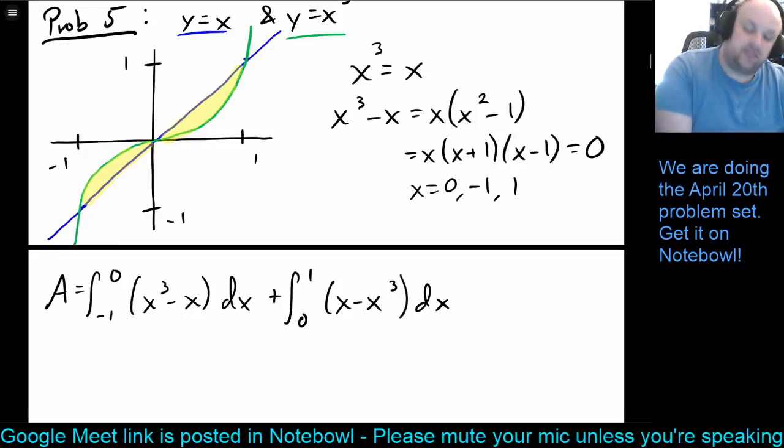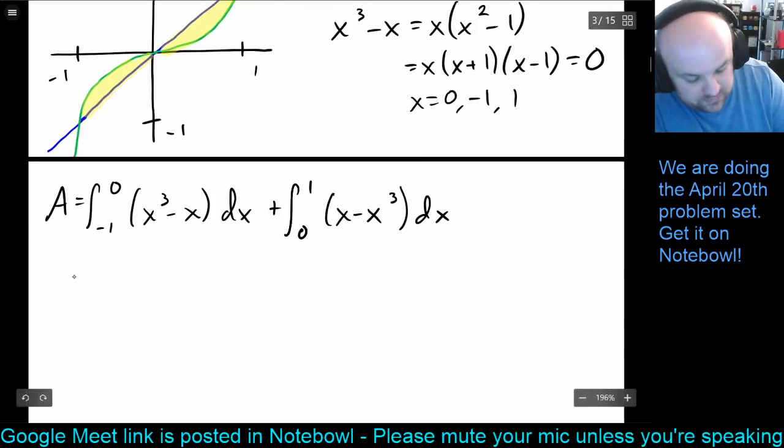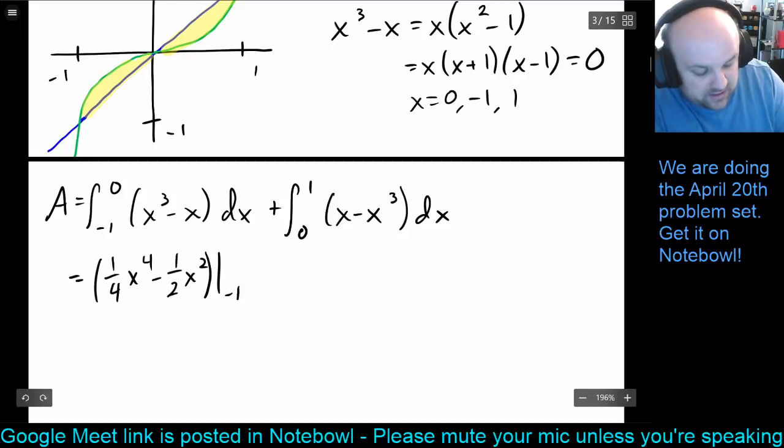All right, so let's go ahead and compute these. So we're going to get 1/4 x to the 4th minus 1/2 x squared from -1 to 0, plus 1/2 x squared minus 1/4 x to the 4th from 0 to 1.